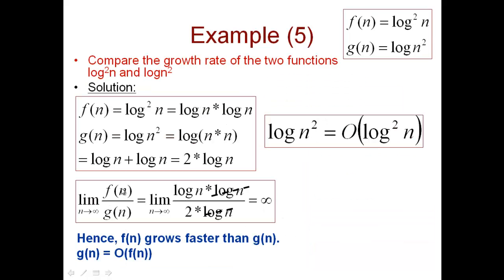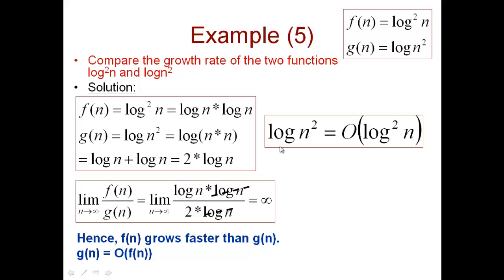Whereas here we get infinity, which means the numerator is much larger than the denominator. So right away you can decide the numerator function, the larger function, goes inside the big O notation, and the other function goes on the left hand side. So g of n equals big O of f of n, because f of n grows faster than g of n. So now you plug in the two functions. Log n square is g of n equals big O of log square n. So again, this is like a log function, and it grows less than the log square function. That's how you have to interpret.